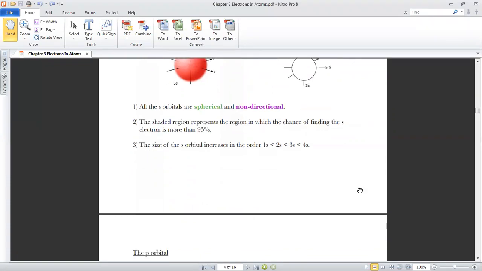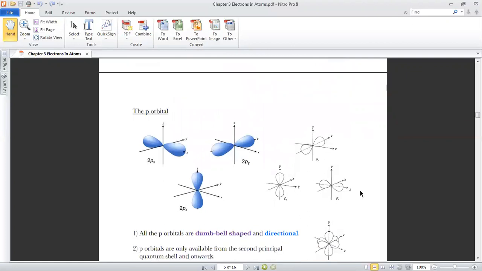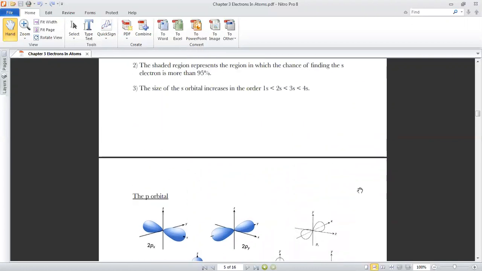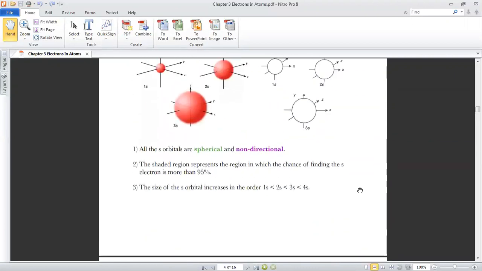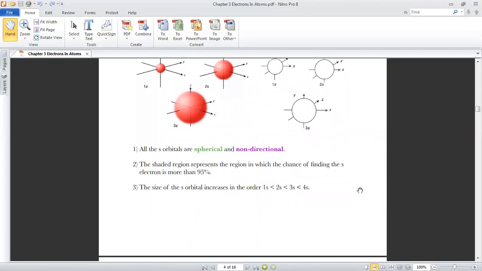There is only one possibility of drawing it. Then P subshell has a dumbbell shape, but the dumbbell can be drawn on the axes in three different ways: on the x-axis, on the y-axis, on the z-axis. You need to learn to draw these diagrams. For the sphere, you don't need to draw the red circle, but you need to draw a simple black and white two-dimensional diagram as shown on the right-hand side of the picture.